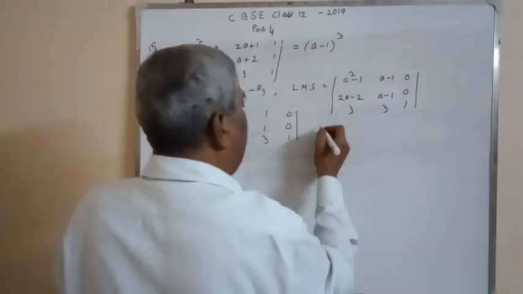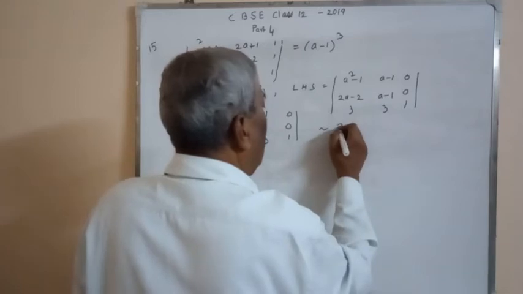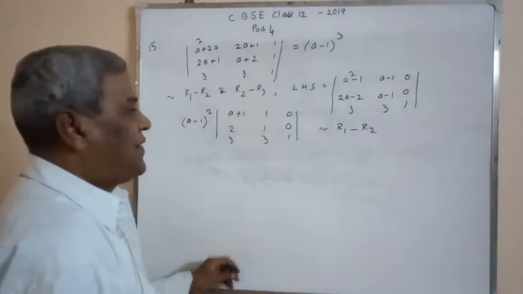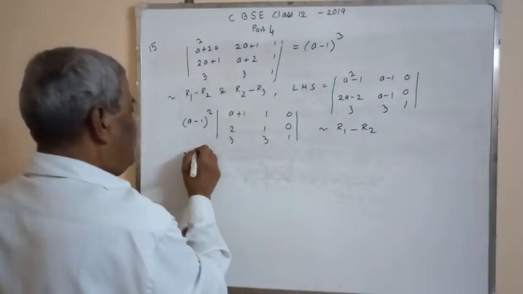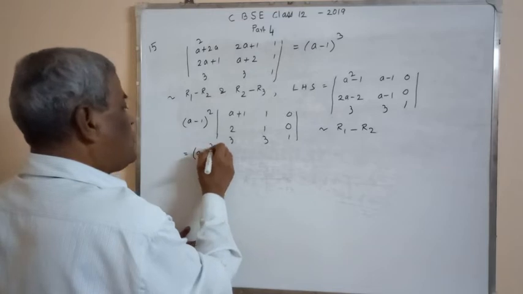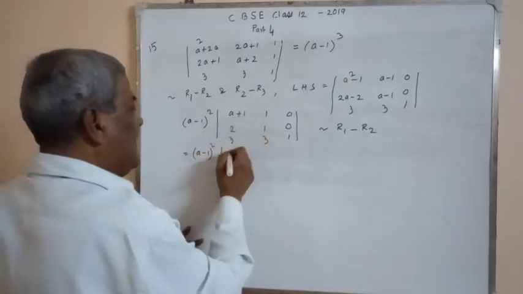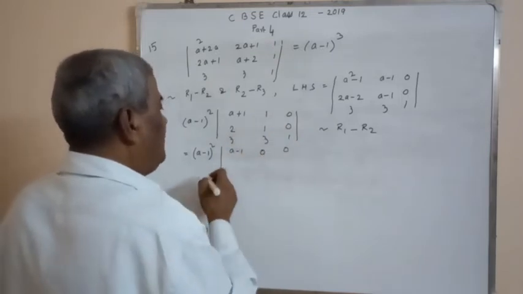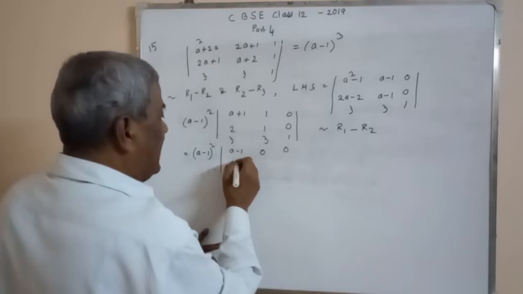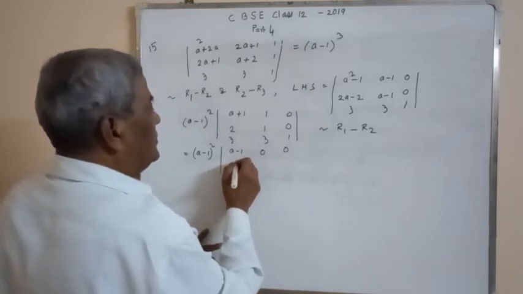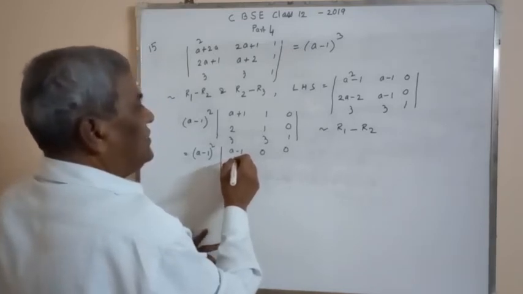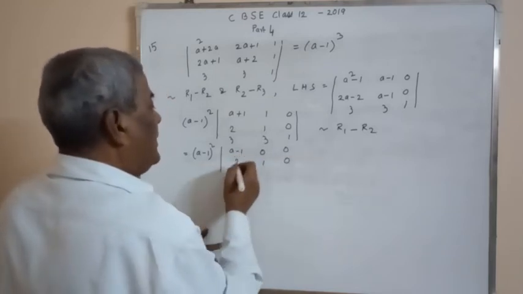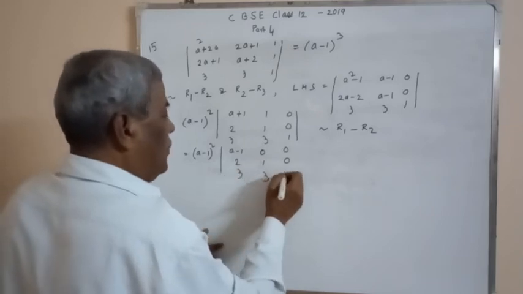Now once again operating R1 minus R2, this becomes a minus 1 whole square into a minus 1, 0, 0, and all others intact: 2, 1, 0; 3, 3, 1.